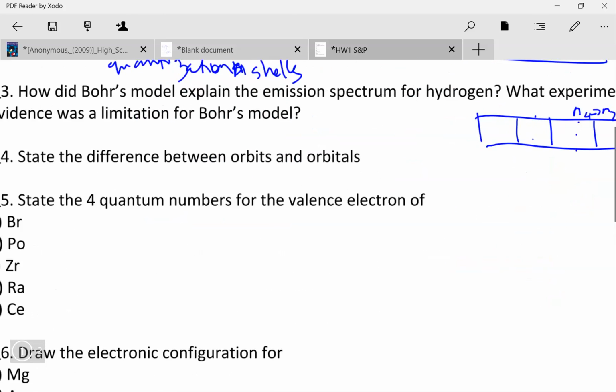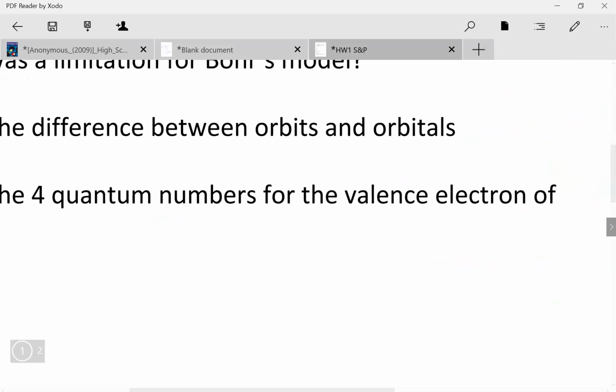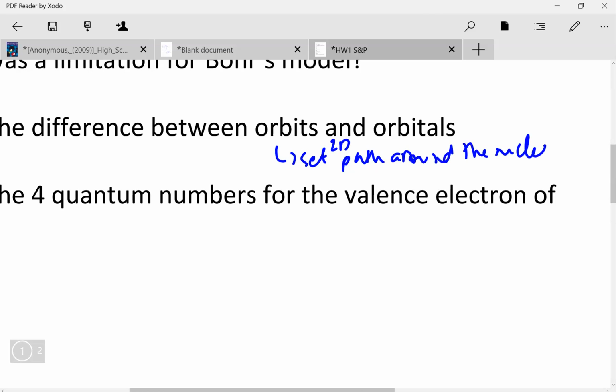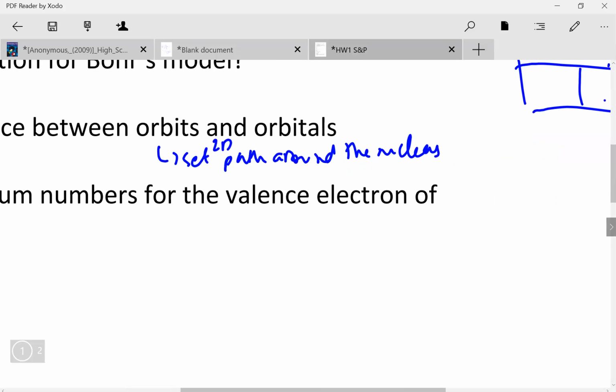State the difference between orbits and orbitals. Orbits are set paths, set 2D paths, I'd say, around the nucleus, where the electron is located. Say the electron is located in the orbit.